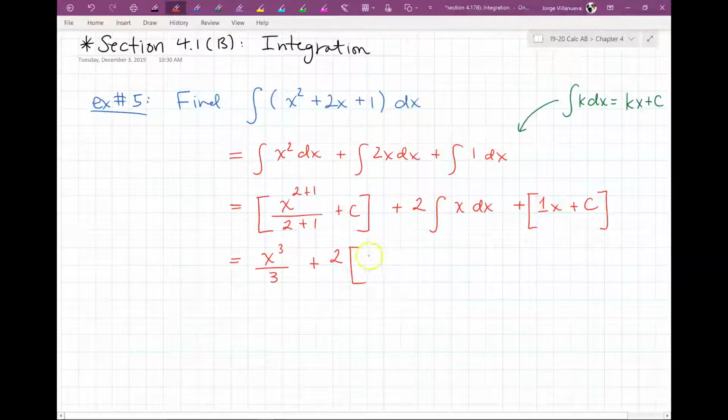So x dx would be x to the 1 plus 1 over 1 plus 1 plus c. So that's that middle integral that I never did. Now 1x is just x. And then I do have a plus c at the end plus another c, while a constant plus a constant is still just a constant.